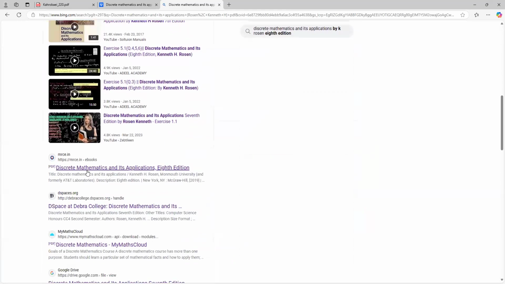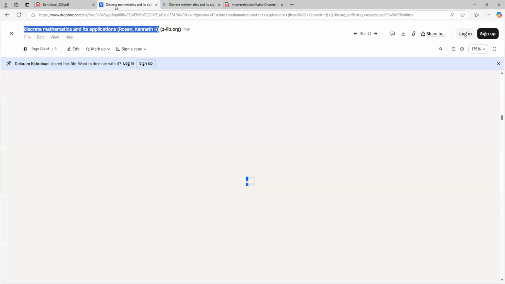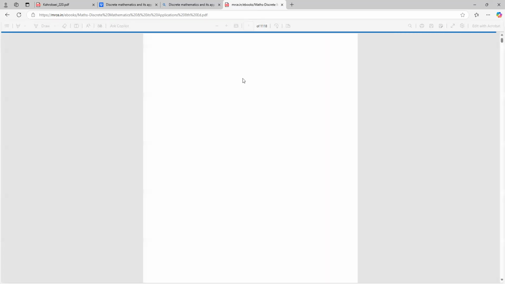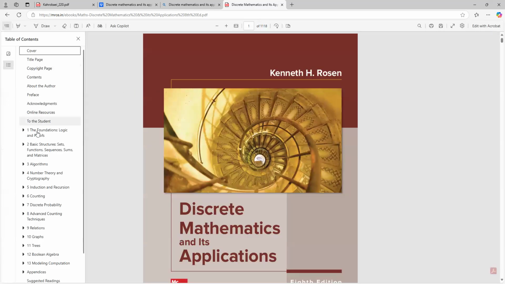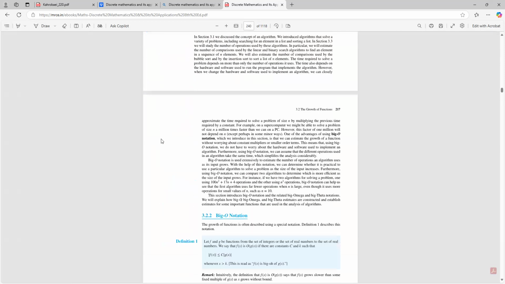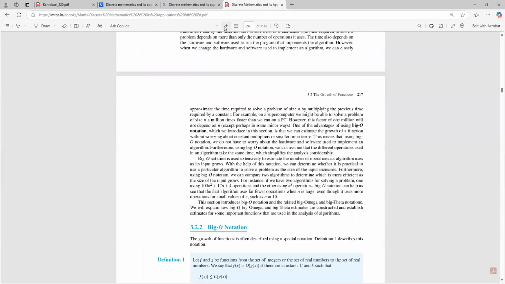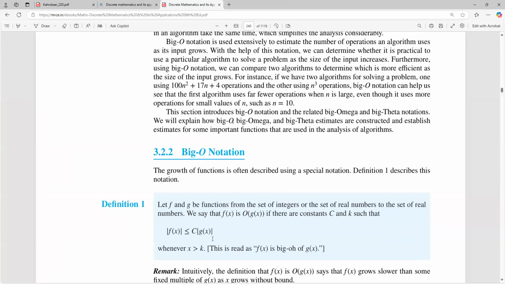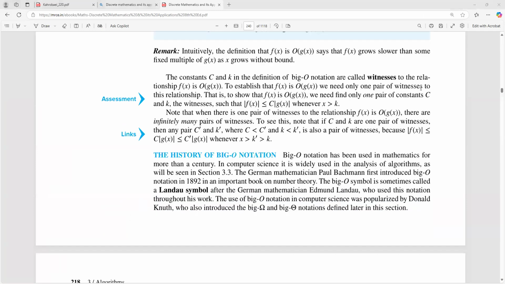Can't she actually give the problems themselves? It makes no sense. Okay. Algorithms, growth of functions.